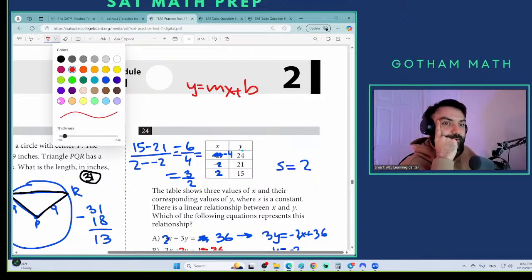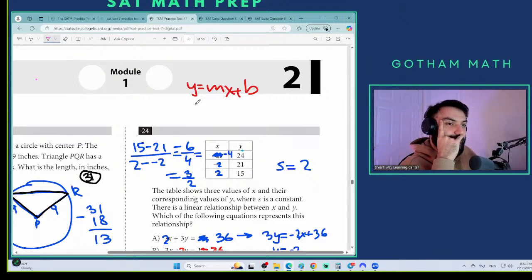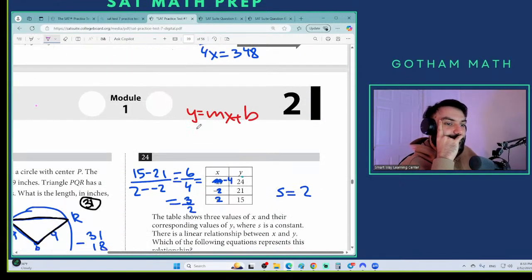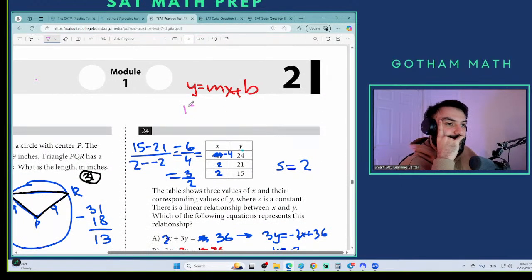Let's do it. So it's going to be 15 equals negative 3 over 2 times 2 plus b. 15 equals negative 6 over 2, which is negative 3, plus b.